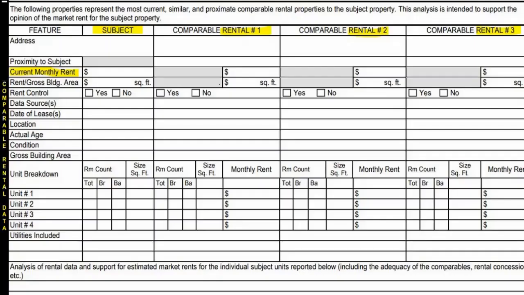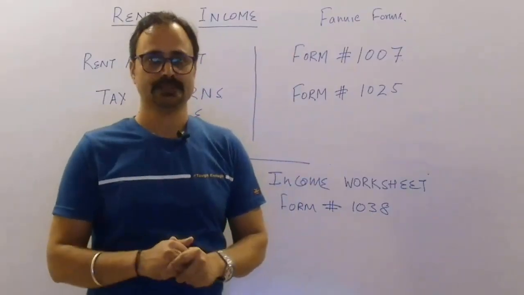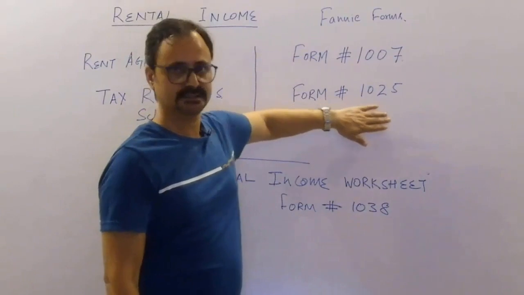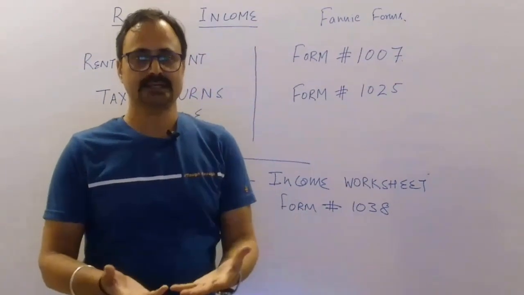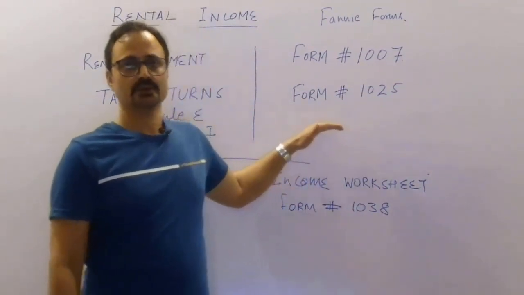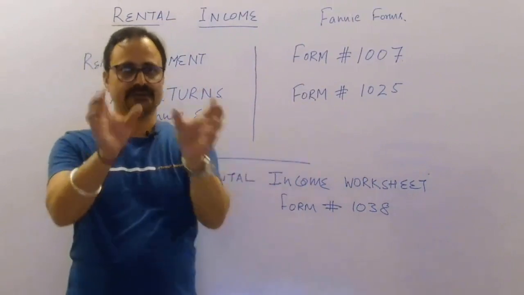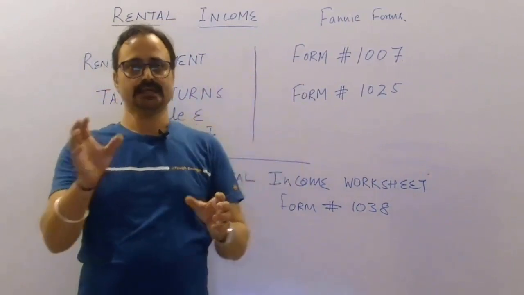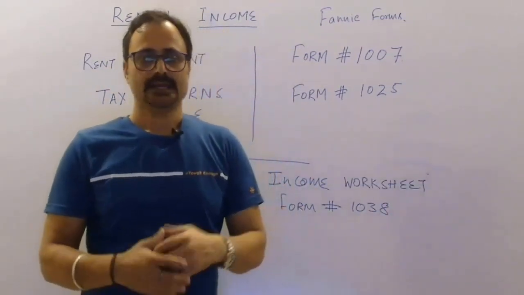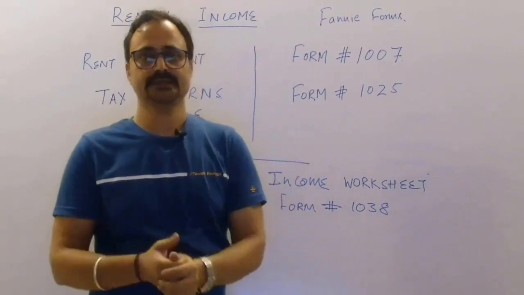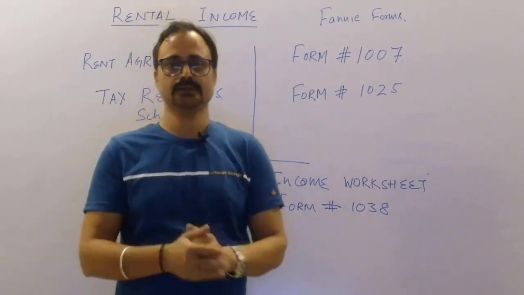A rent schedule comparison is given, and from there we can calculate the rental income from the property which the borrower is supposed to buy. The appraiser gives us that form, and in this form we can easily calculate the rental income for the subject property. In different columns, they list three similar properties in that neighborhood, with similar structure, design, valuation, and number of bedrooms.